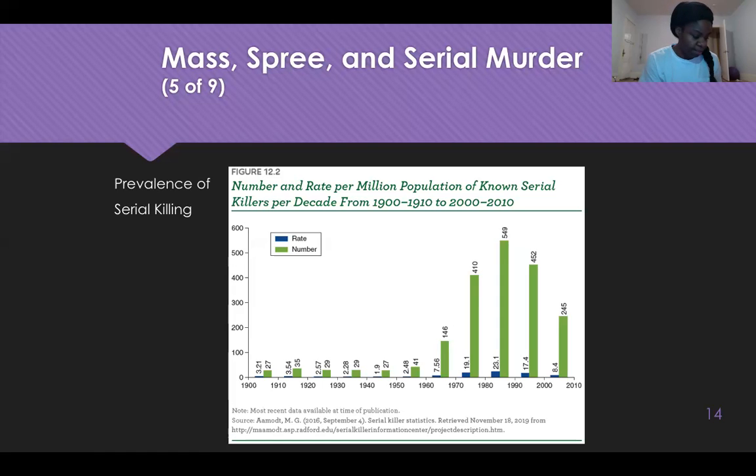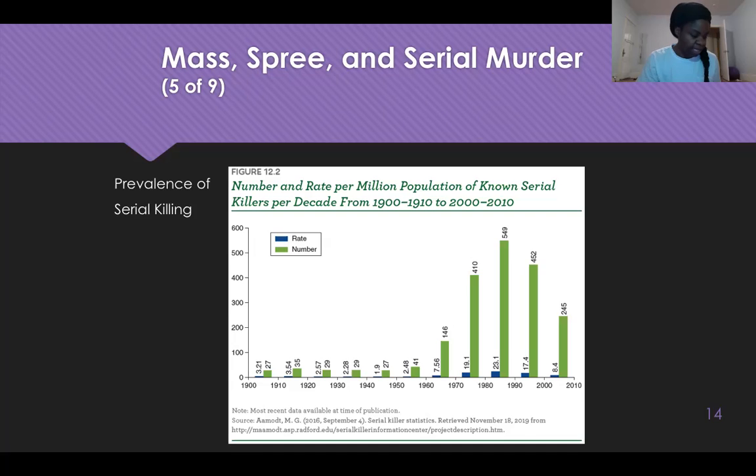If we look further, the last bar represents the 245 known serial killers operating from 2000 to 2010.